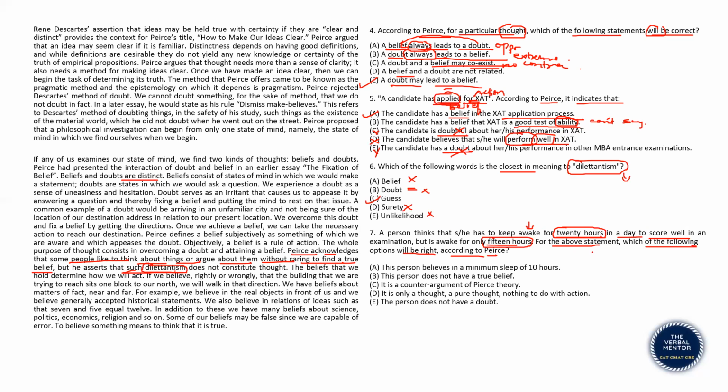No action implies that the belief is weak, because if there were belief, there would be action according to P. So weak belief. Okay, this person believed in a minimum sleep of, no. This person does not have a true belief. Absolutely correct. B should be the answer.